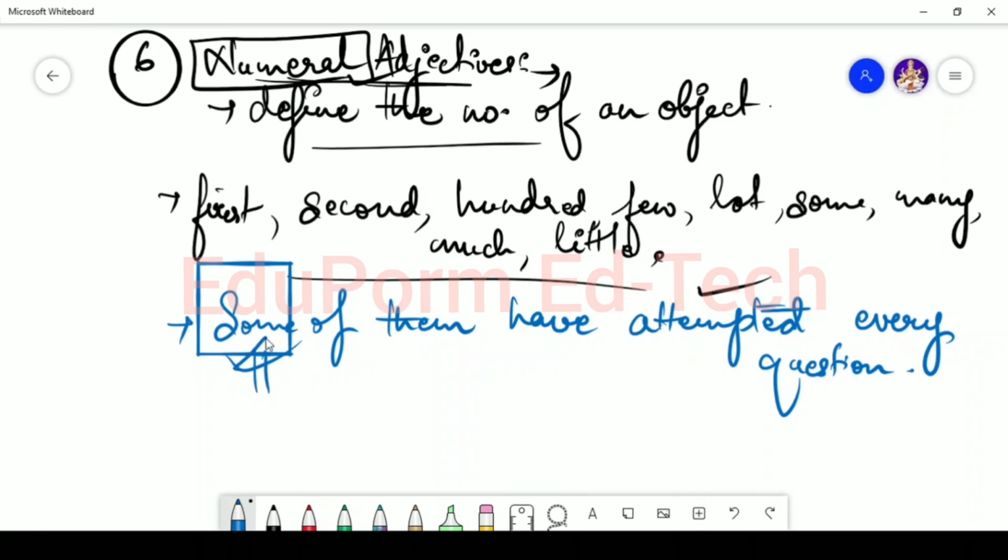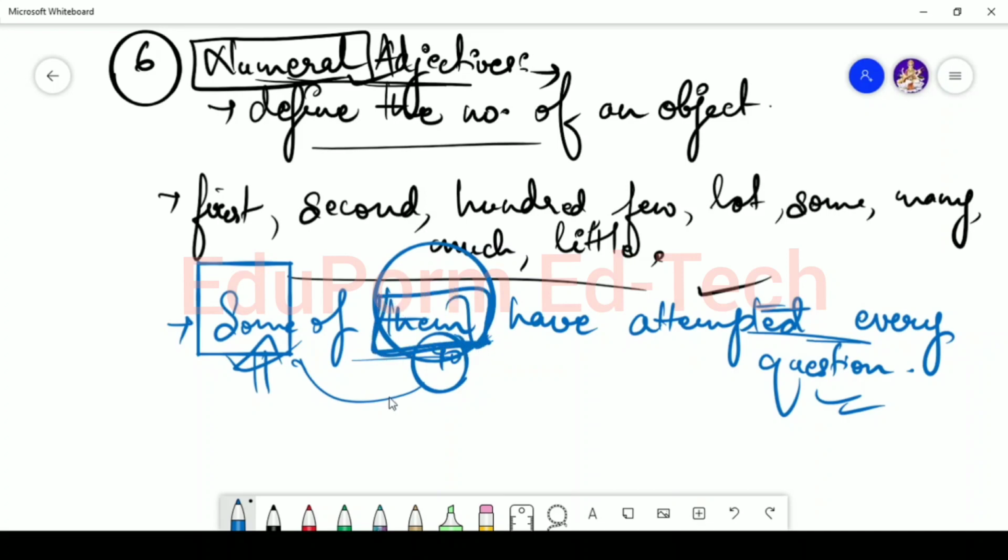Let's say we are considering maybe 40 candidates. Out of 40, some of them, like a little amount of them, have attempted every question. So this is a kind of numeral adjective which basically defines the number of an object here.